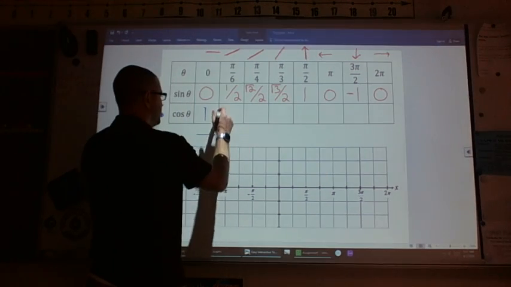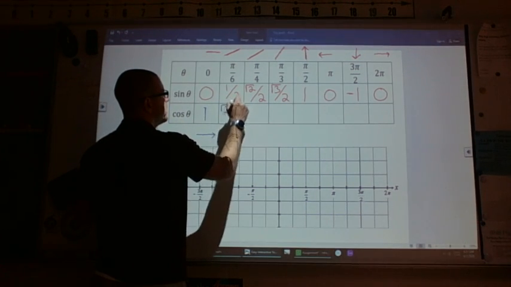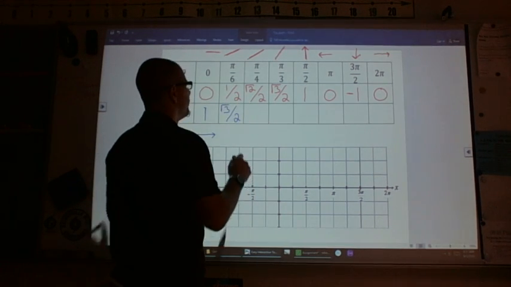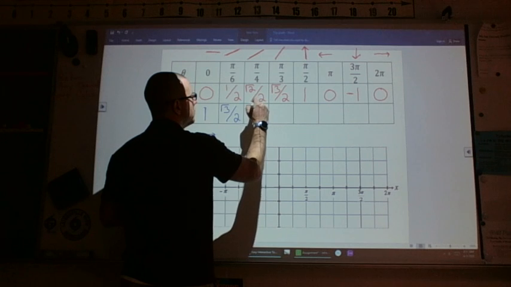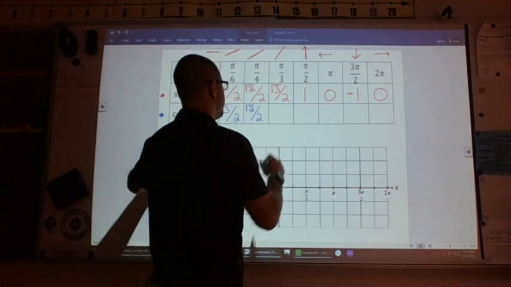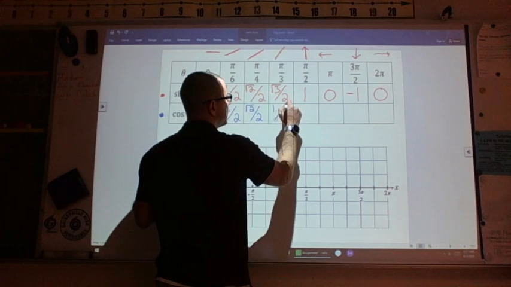Cosine of pi over 6 is square root of 3 over 2. The cosine of pi over 4 is the square root of 2 over 2. The cosine of pi over 3 is 1/2.